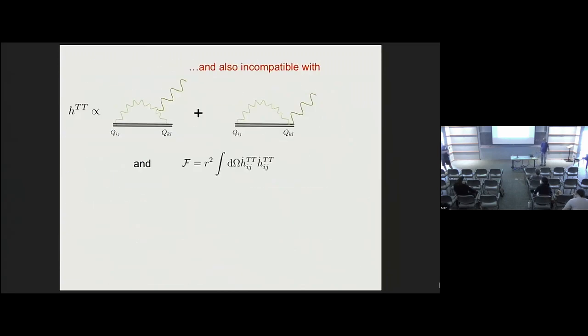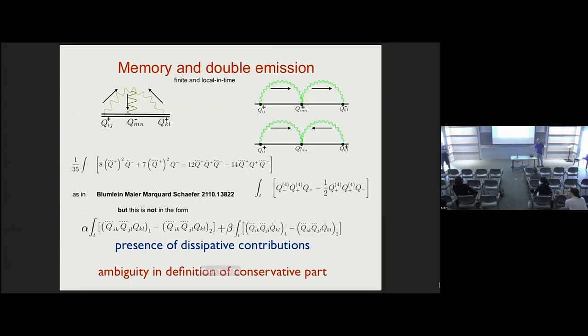But since these are closed diagrams, should I think about them as gravitational fields carried by the particles, some kind of self-energy, self-field? No, this is a gravitational wave emitted. The binary emits two gravitational waves. They scatter, and they merge into one, which is absorbed and returns to the binary.